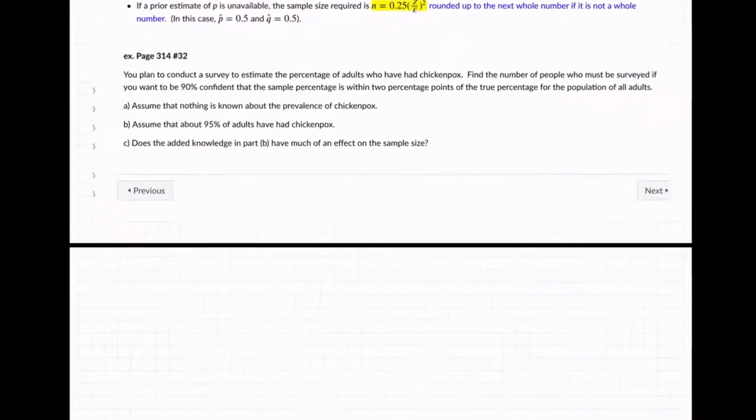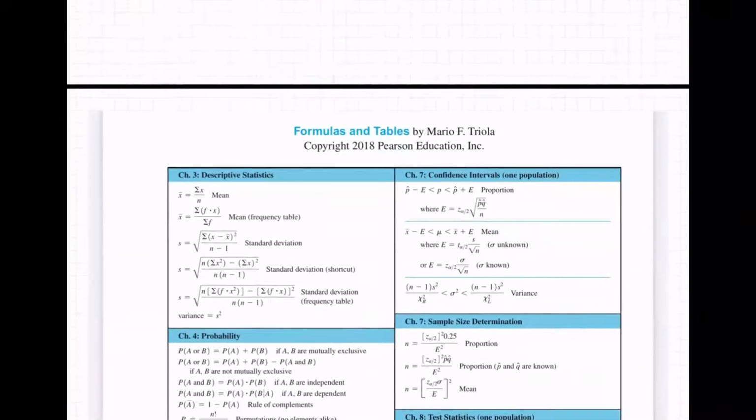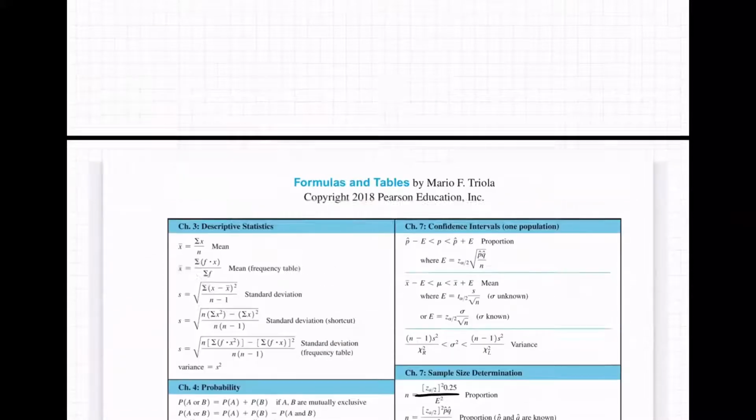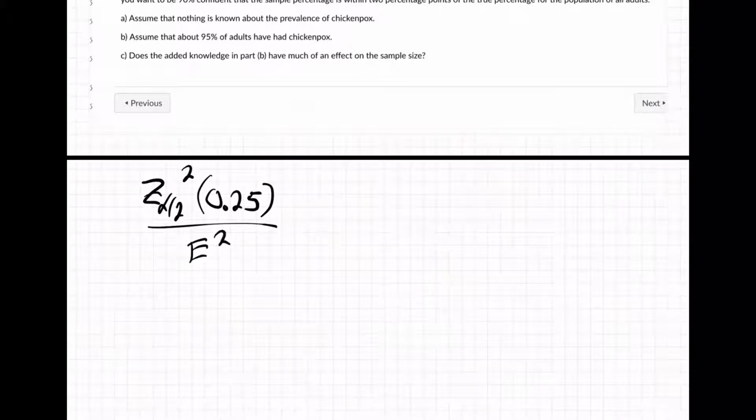So let's do that one. Z alpha over 2 squared times 0.25 over E squared.